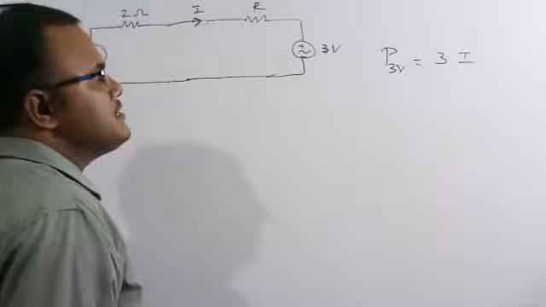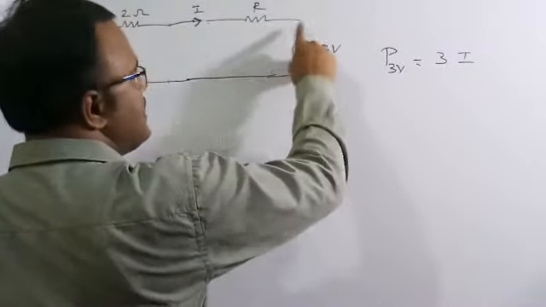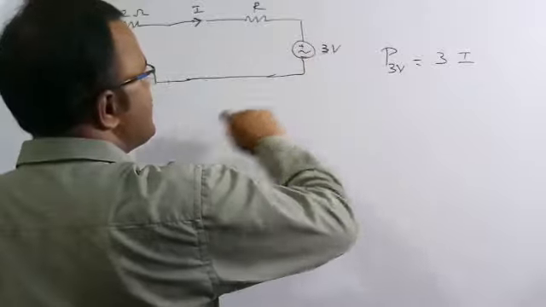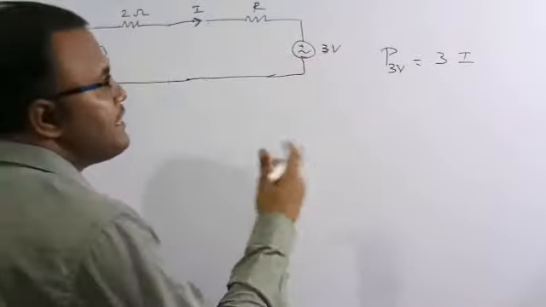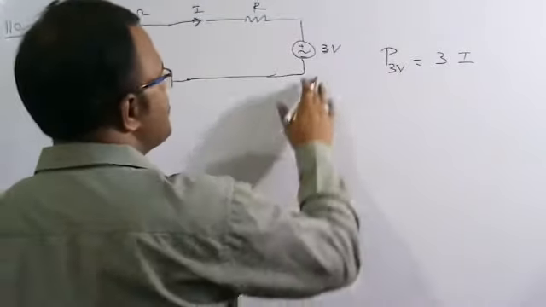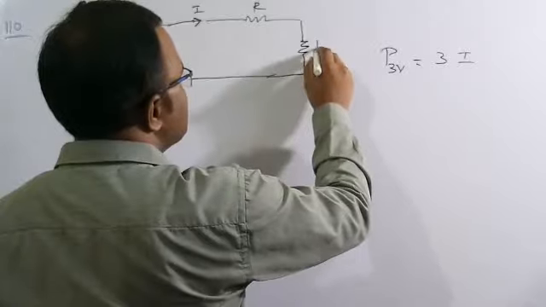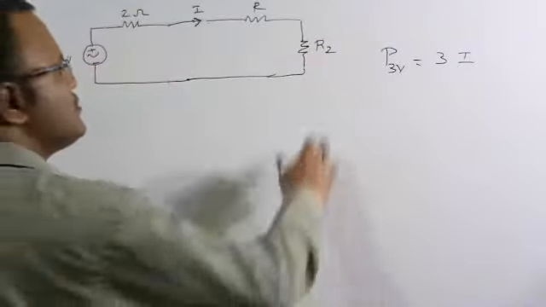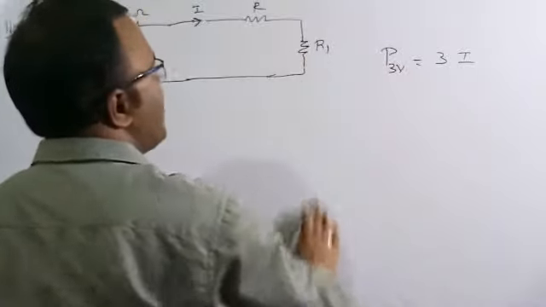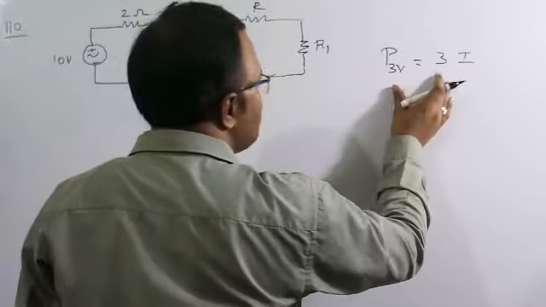Now I am going to replace this ideal voltage source by a resistor, which also has to absorb the same power. Let me assume the resistor value is R1. So this R1 also has to absorb the same power.